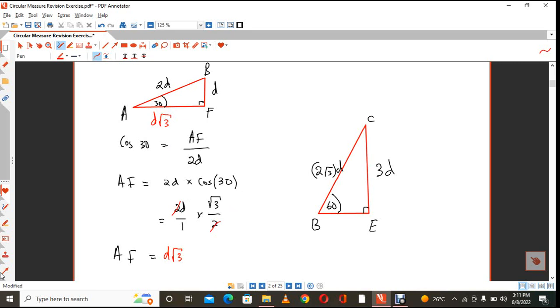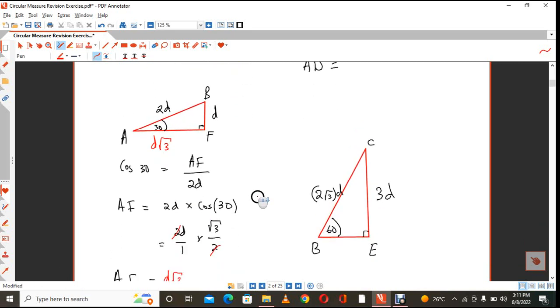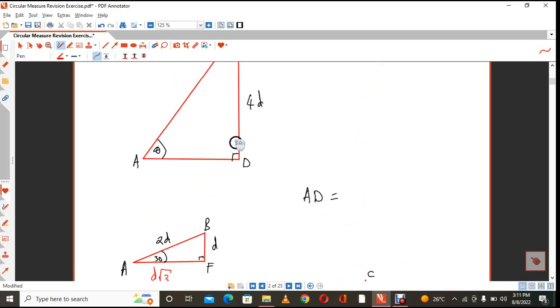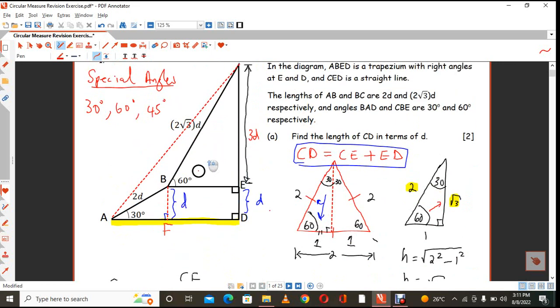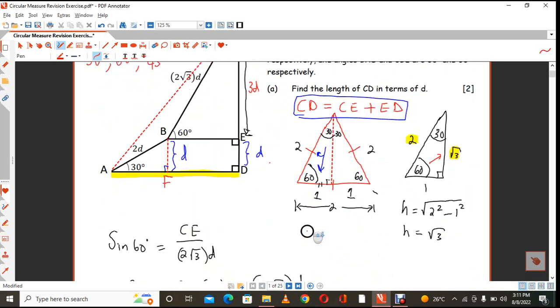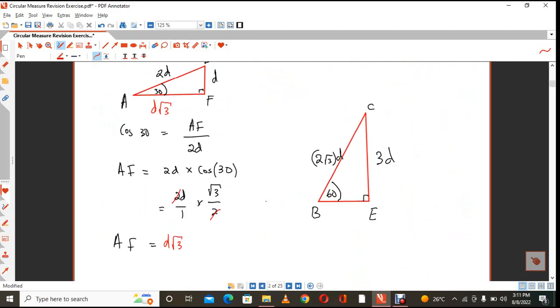So that brings us close. We have one distance. We need to find BE now. Why do I find BE? Because BE is the same distance as F to D. So I have the triangle with all its different measurements.